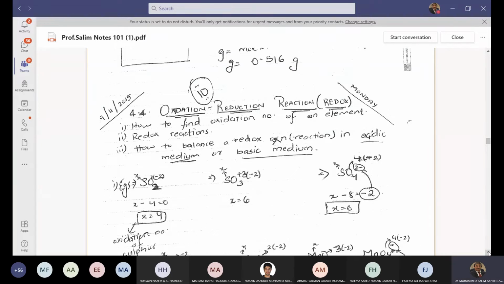Any chemical reaction going on in this world, the whole world is based more or less on this oxidation reduction reaction. Oxidation means lose electron. Reduction means gain electron.